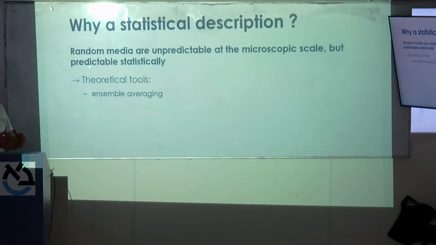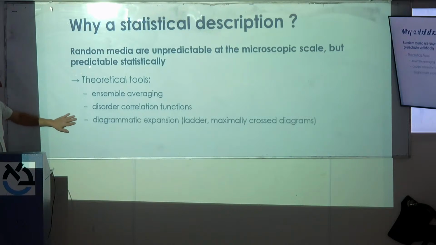You say that the system can take all possible configurations, and you get what is called ensemble averaging. We will use that. We can also use correlation functions to describe the impact of the disorder on the system. Typically you measure the field inside the system at different positions, and you measure correlation in position, in time, or in frequency.